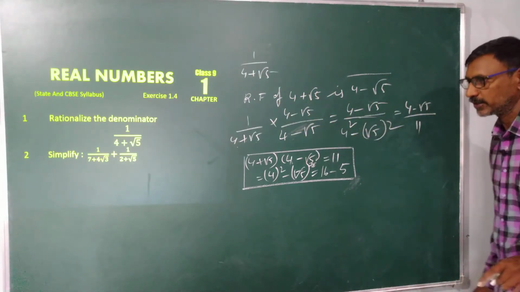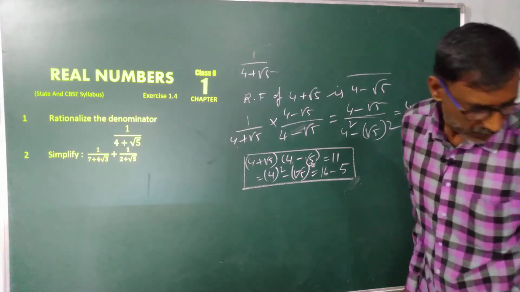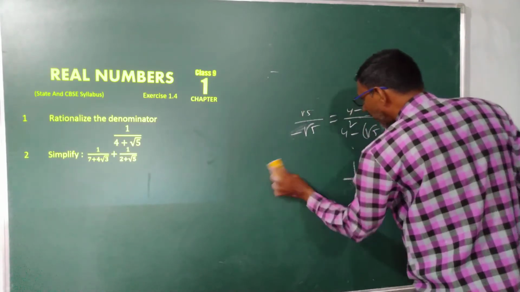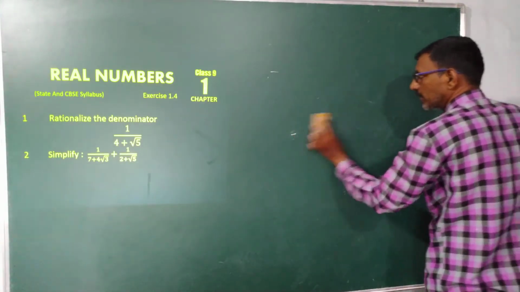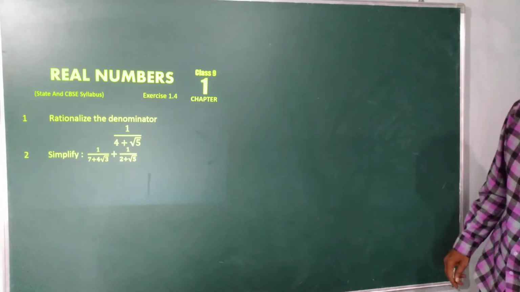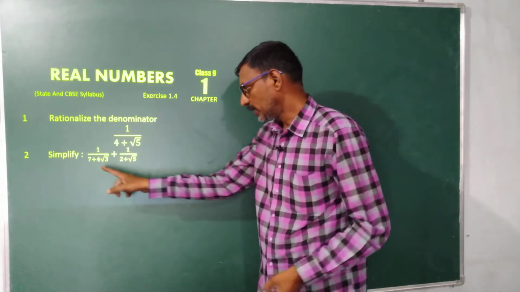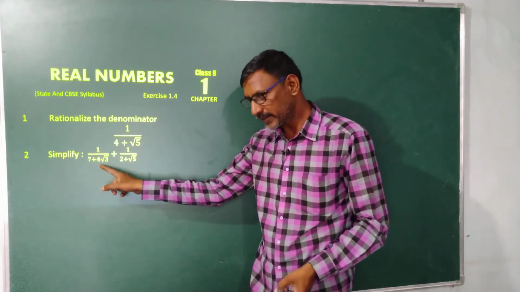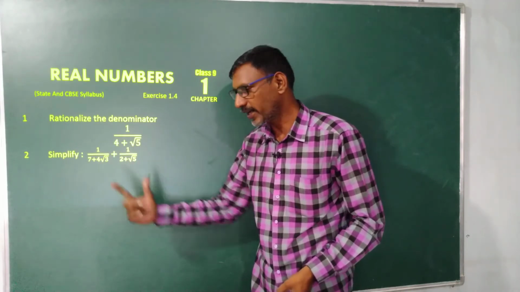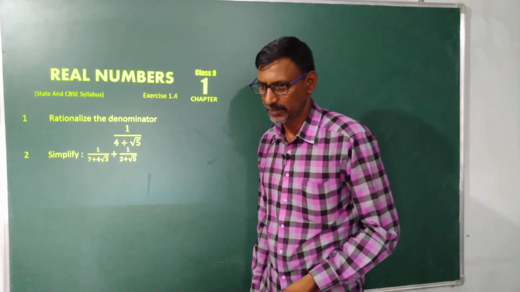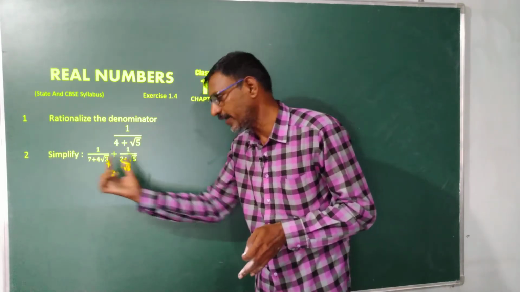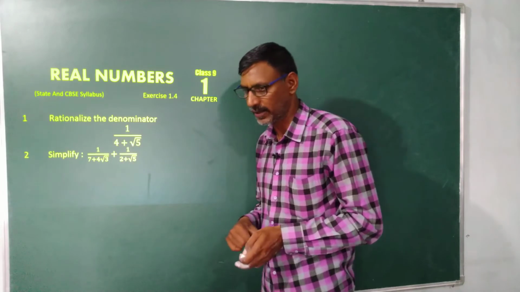Now we are coming to the next problem. Simplify. We have to simplify the second problem by the help of the rationalizing factor only. See this one, the denominator is irrational. By adding this, we get a rational. But we follow one method: you should rationalize the denominator and then you simplify.